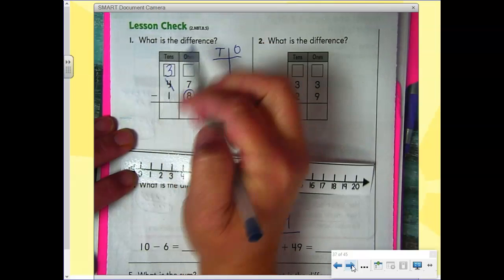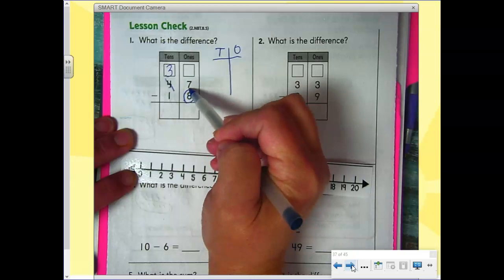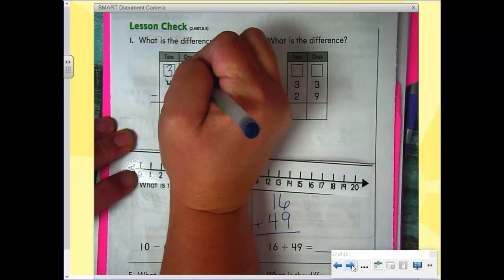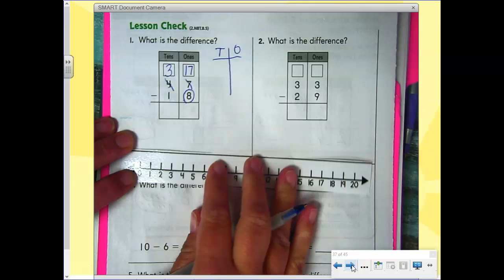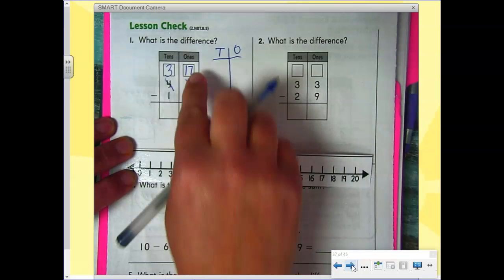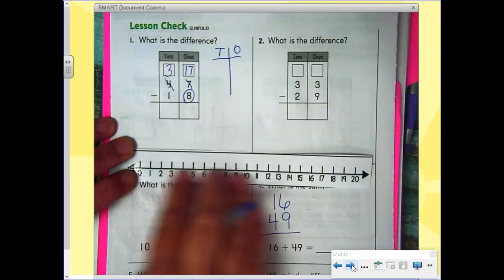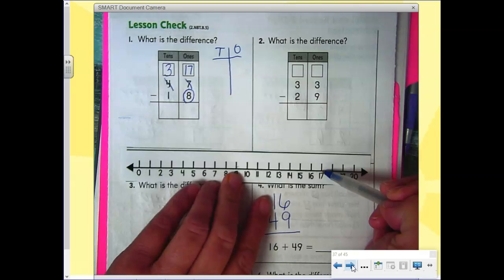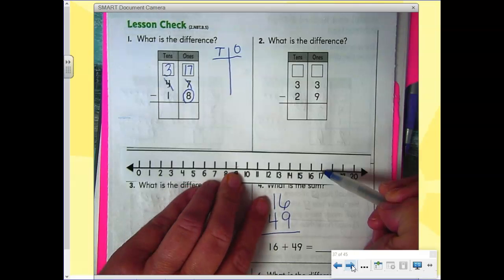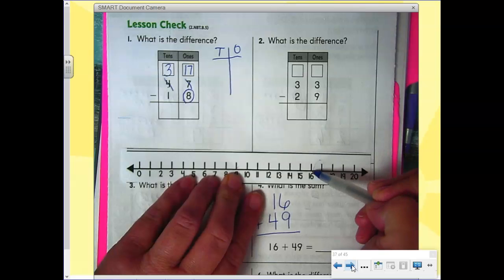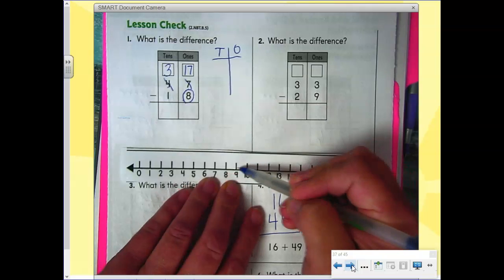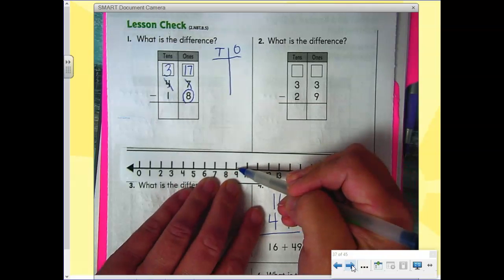Now let's add it back over here. 7 plus 10 is 17. Now we have 17 minus 8. Start with 17. And how many do we hop back? 8. 1, 2, 3, 4, 5, 6, 7, 8. What's my answer? 9.